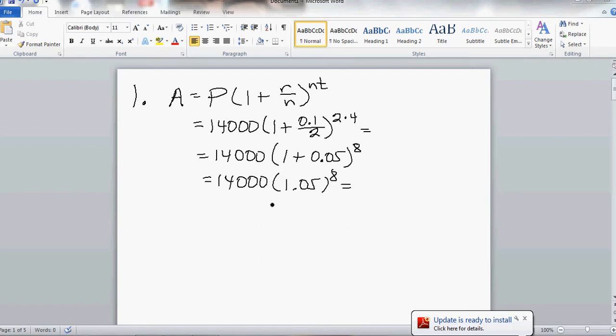And then it's just a matter of plugging that into a calculator. When we do that, 14,000 times 1.05 raised to the 8th power equals $20,684.38. And there's the answer to number one.